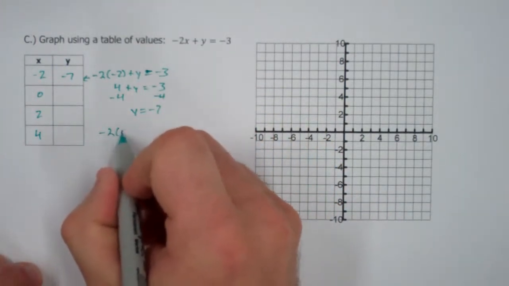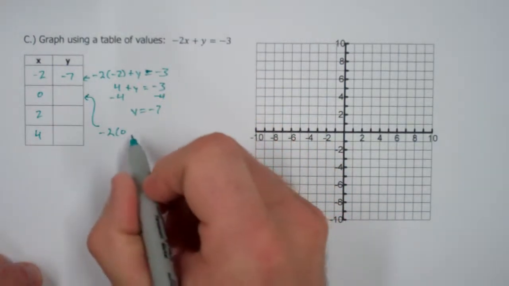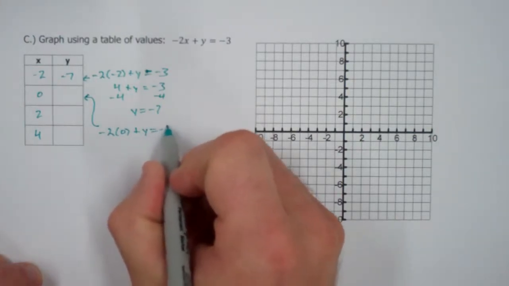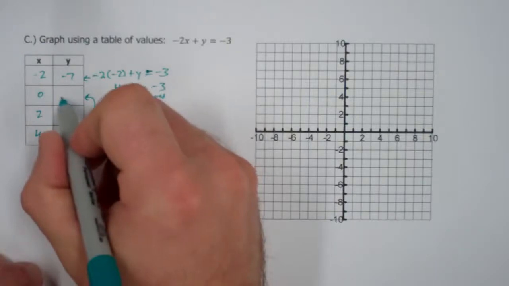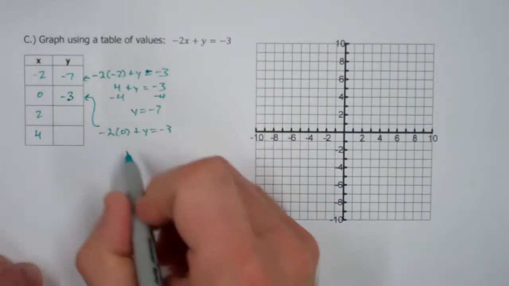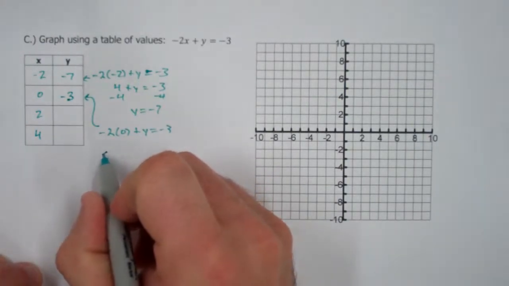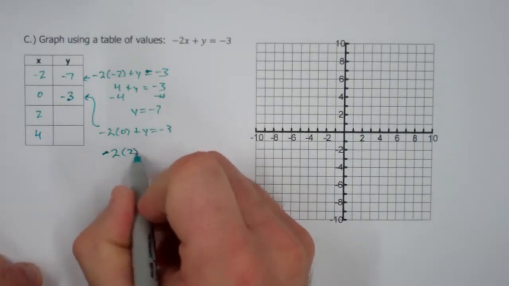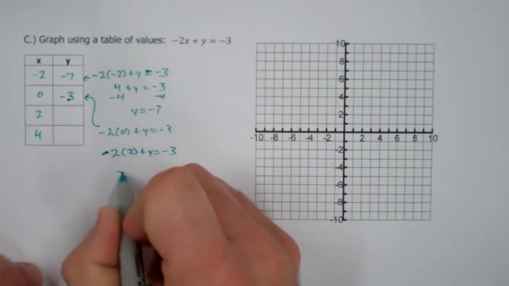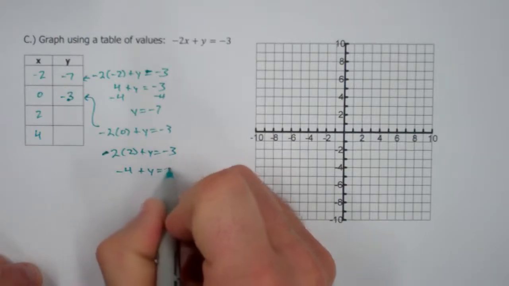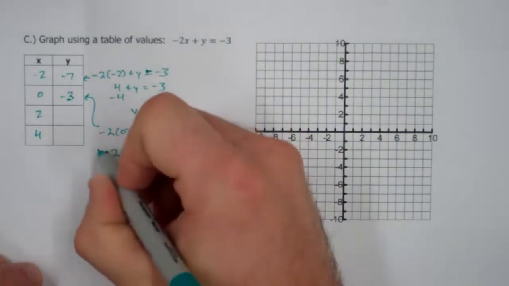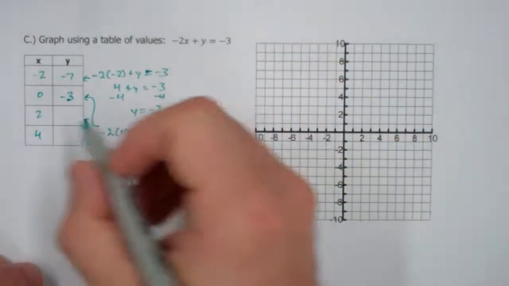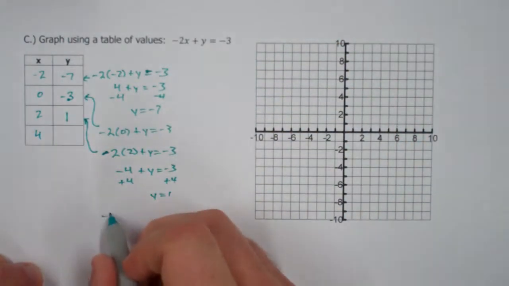0 is the next one. -2 times 0 is 0, so we know that y is -3. We'll do 2 now. -2 times 2 plus y is -3. So we'll add 4 to each side, and y will be 1. 4 will be the next one.